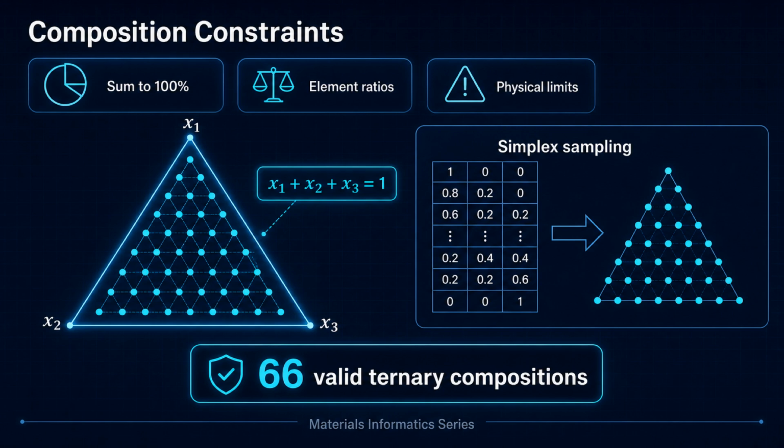For ternary systems, where x1 plus x2 plus x3 equals 1, you can use a simplex sampling approach. Generate a grid of points within the valid composition triangle, ensuring each combination sums to exactly 1. This gives you, say, 66 valid ternary compositions to optimize over. NIMO will only select from these valid candidates, automatically respecting your constraints.